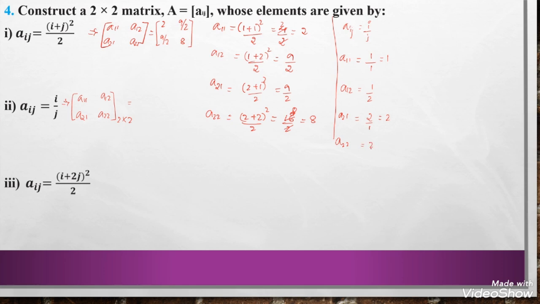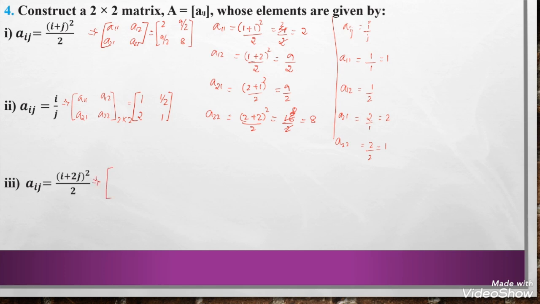And then 2 by 2, it is 1. Now we have found all the values of Aij. Write them down in matrix form: first element 1, second 1 by 2, third 2 and 1. This is a 2 cross 2 matrix by the condition Aij equal to i divided by j.